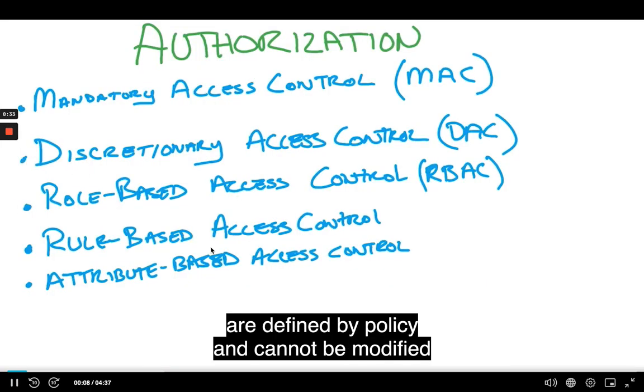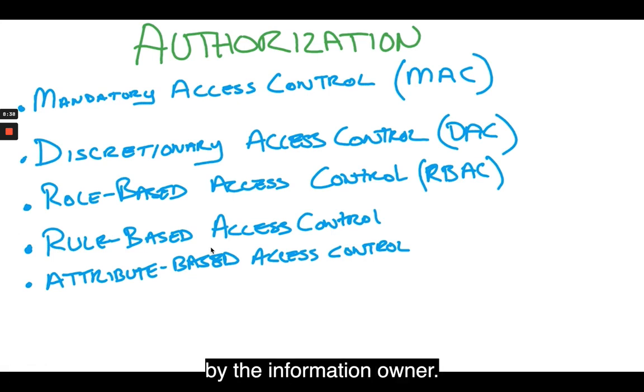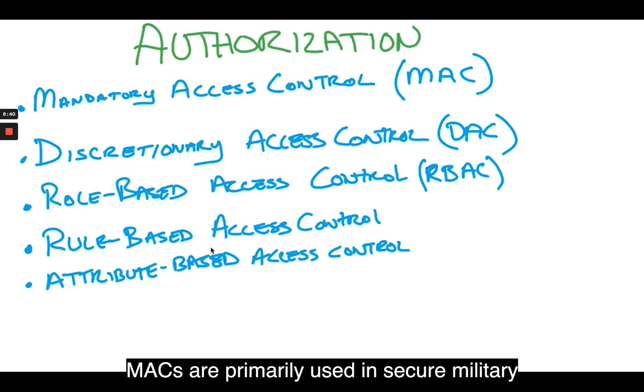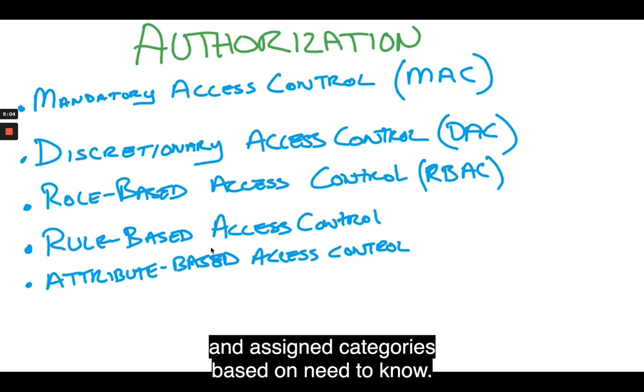Mandatory access controls, or MACs, are defined by policy and cannot be modified by the information owner. MACs are primarily used in secure military and government systems that require a high degree of confidentiality. In a MAC environment, objects are assigned a security label that indicates the classification and category of the resource. Subjects are assigned a security label that indicates a clearance level and assigned categories based on need to know.